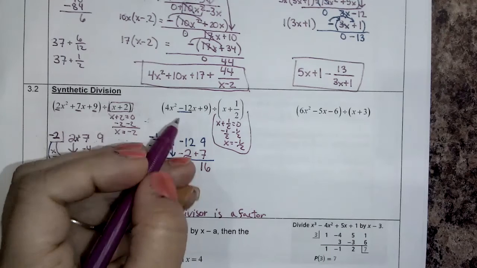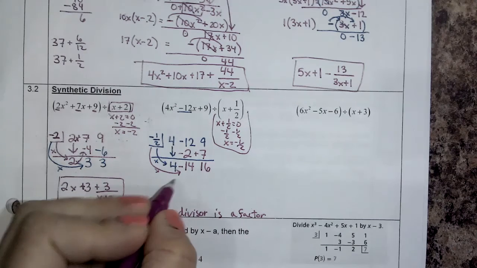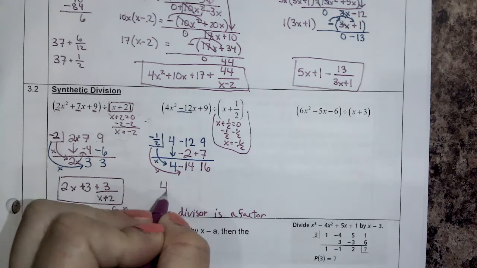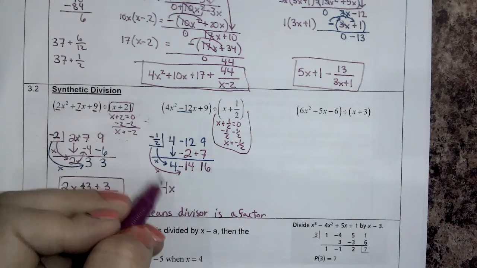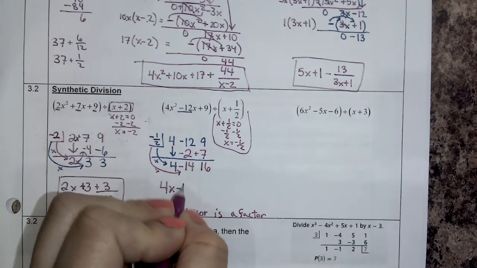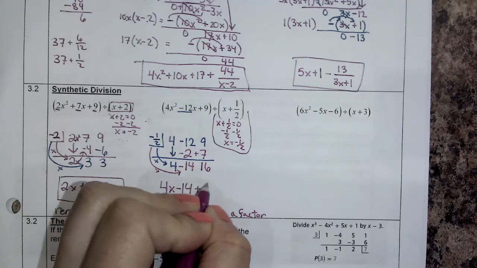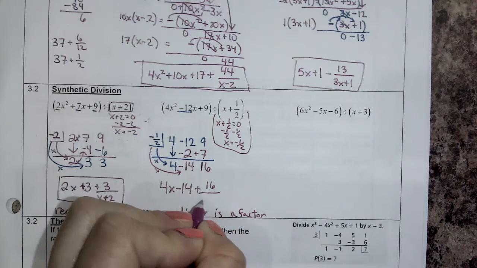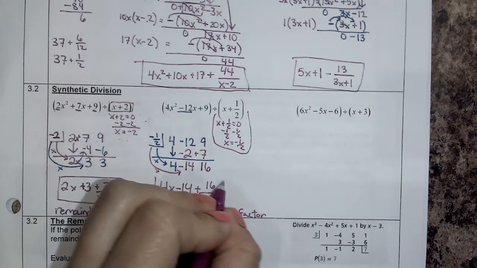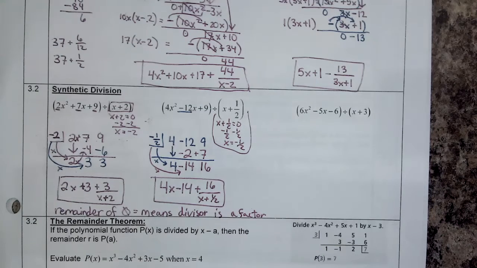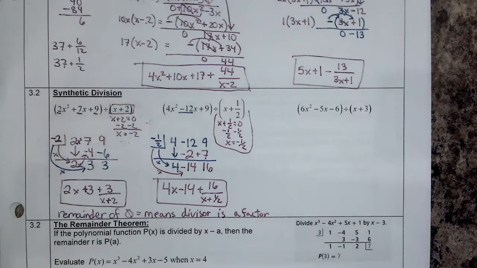All right, so now remember I had an x squared, so these have all lost an exponent now. So it's going to go from 4x squared when we started to 4x minus 14 and then plus 16 over x plus 1/2. So that is my final answer for that problem.